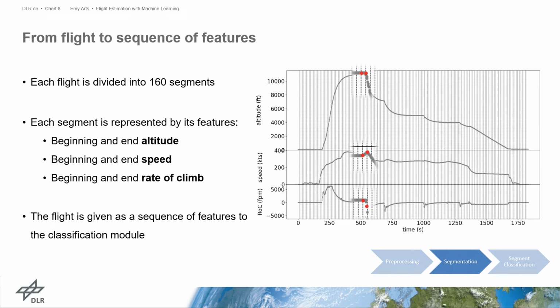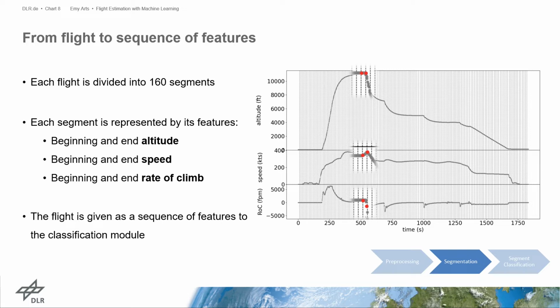Once the trajectory data has been augmented with the correct label, we want to be able to represent the flight as a vector in order for it to be then classified by the neural network. Other works that I've presented previously opted rather for a time frame approach, which means that they, for example, took a 30-second time frame and identified what flight phase was flown within those 30 seconds without looking at the previous data.